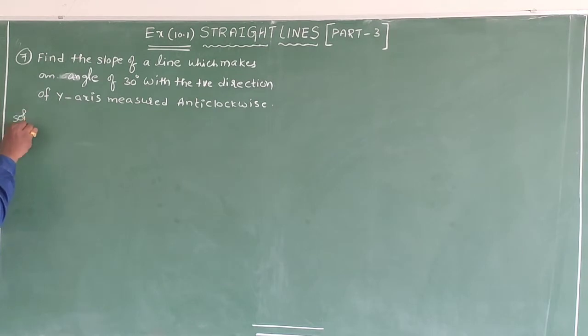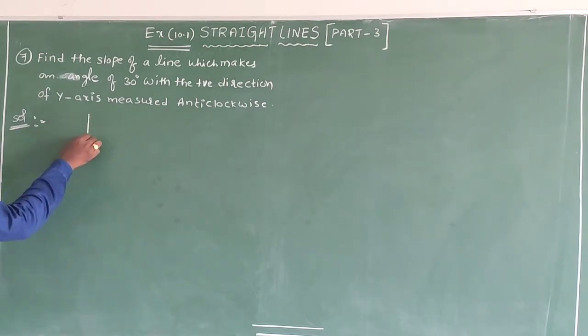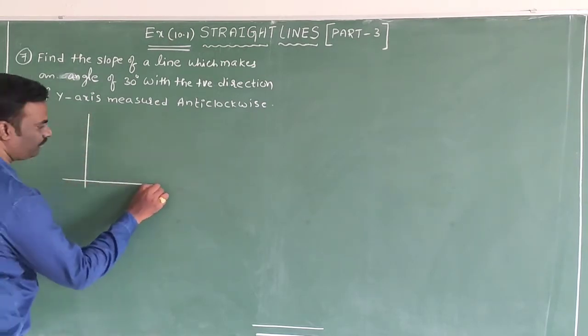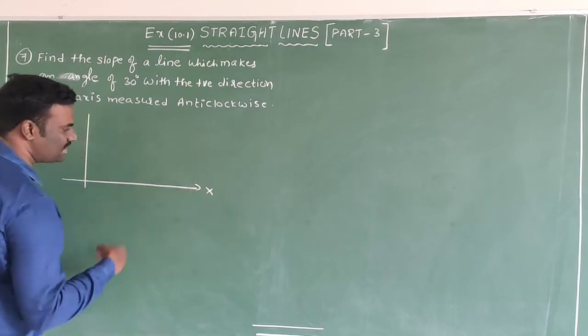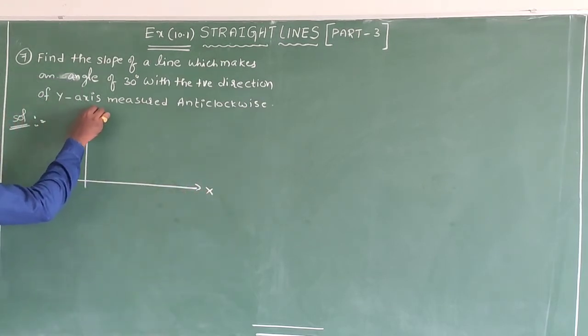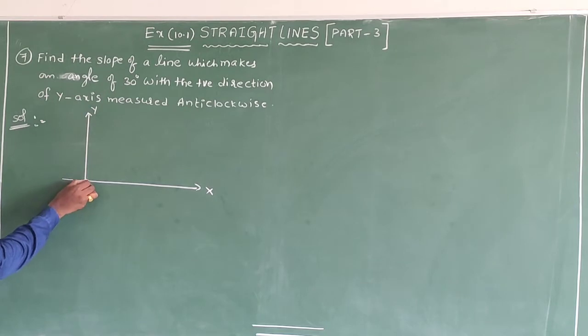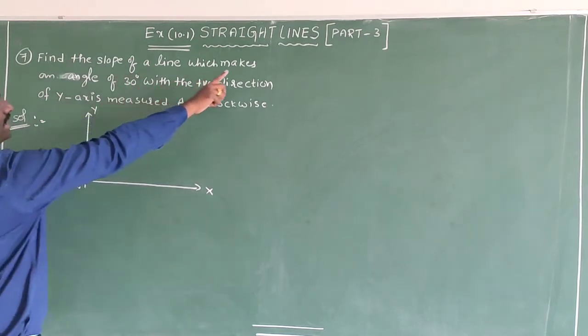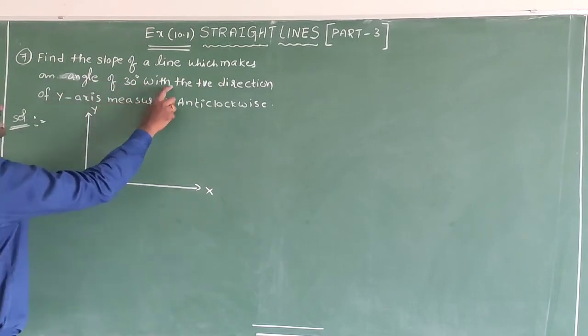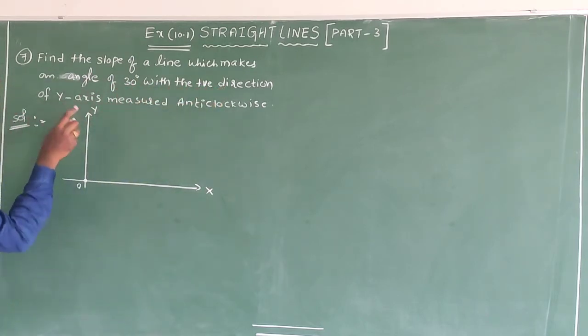Solution. First I will draw the diagram based on the given data. First you take the coordinate axis. This is x axis and this is y axis and this is the horizon. Find the slope of a line which makes an angle 30 degrees with the positive direction of y axis.